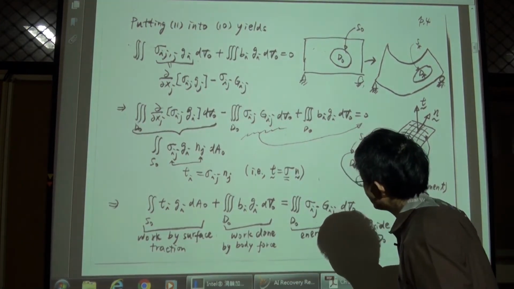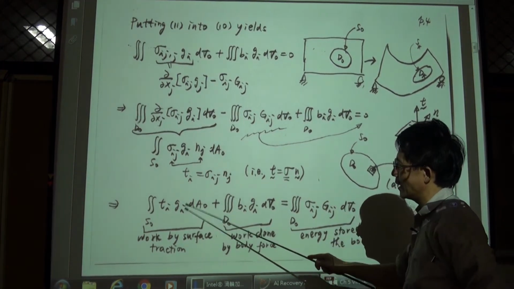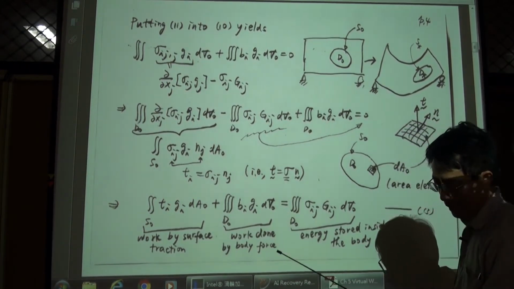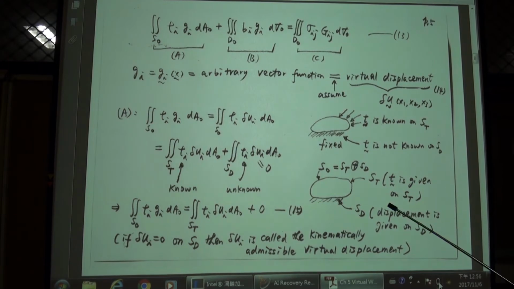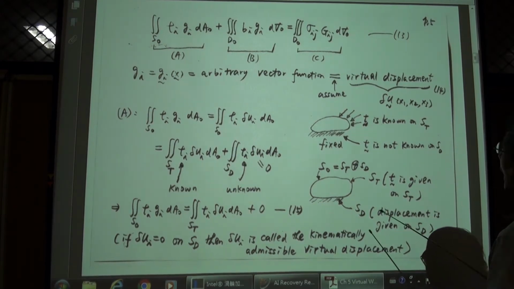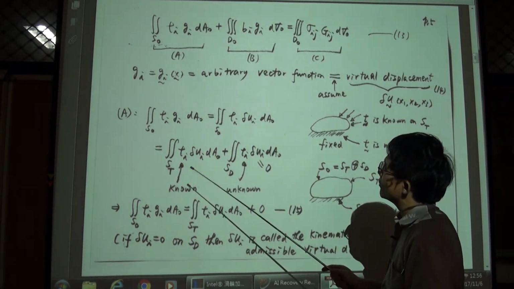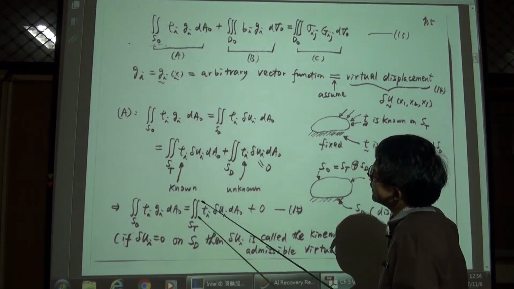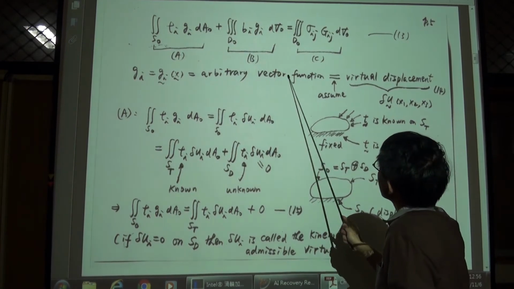Now we have the so-called virtual work principle here. This is the work done, and this is the energy stored. Now let me mention this point in more detail. Gi is the arbitrary vector function.